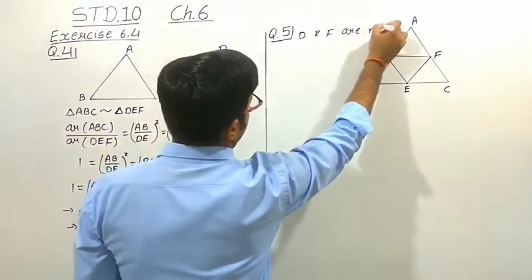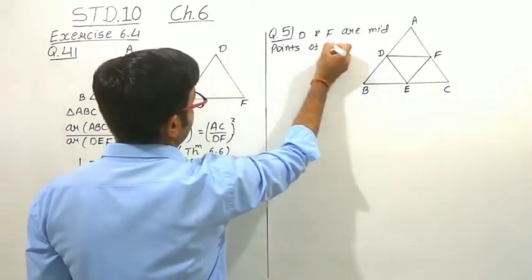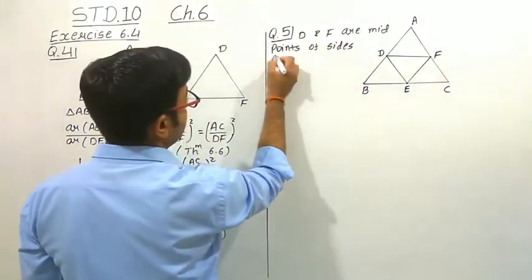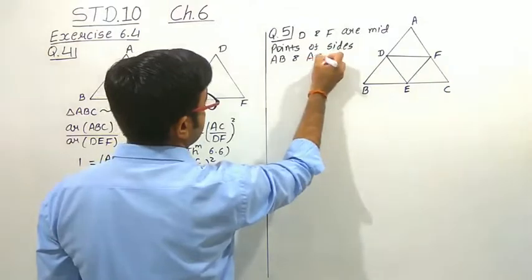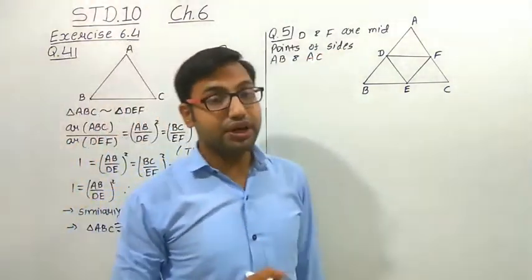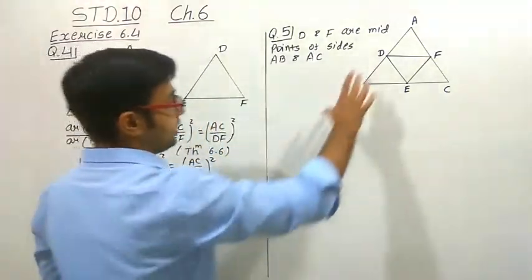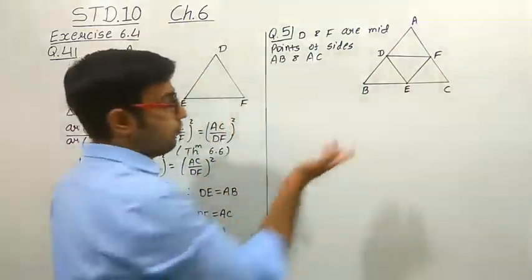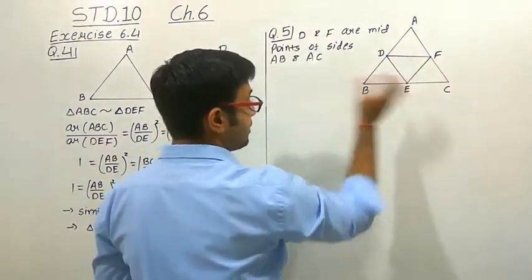Remember the midpoint theorem that we studied in standard 9, that if we join the midpoints of two sides of a triangle, then the line segment we get will be parallel to the third side.